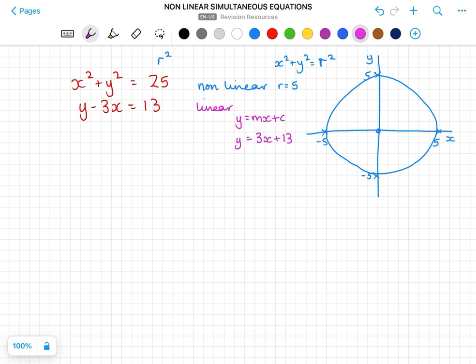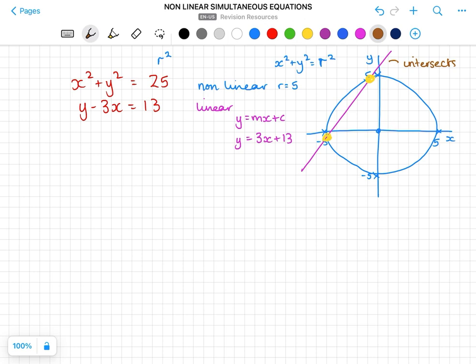If we plotted this on our axes, what we would see is a straight line looking something like that. When we're solving these simultaneous equations, what we're looking for is the coordinates of intersection, where your straight line crosses the circle. That assumes that the linear equation intersects your circle.